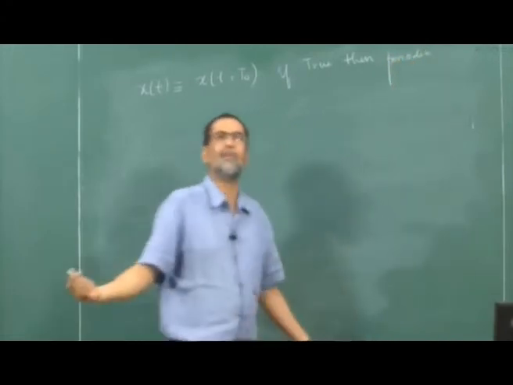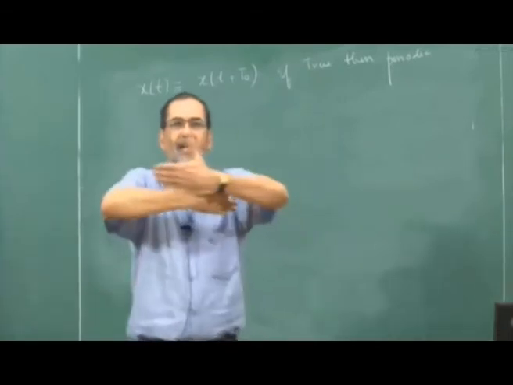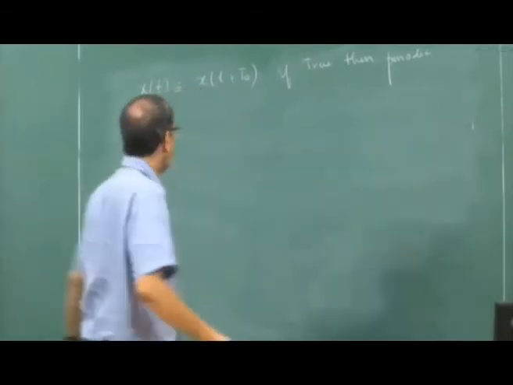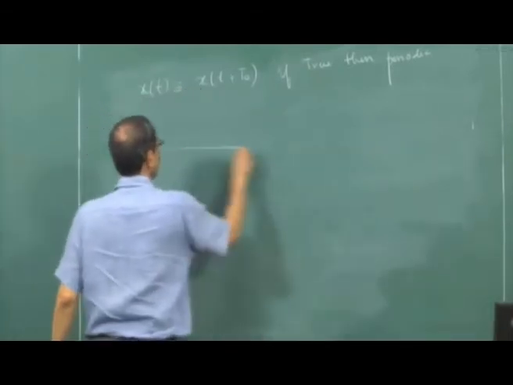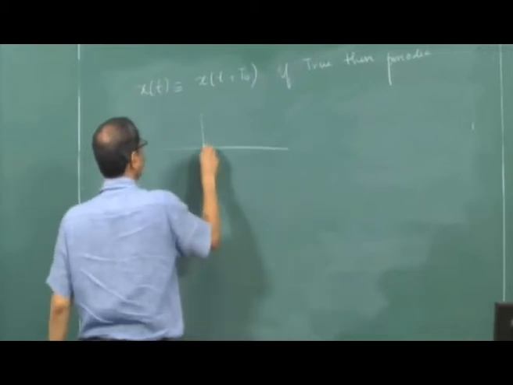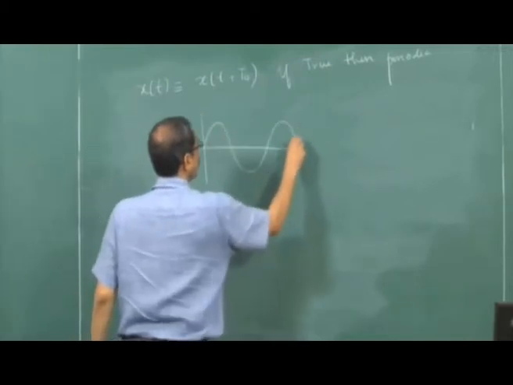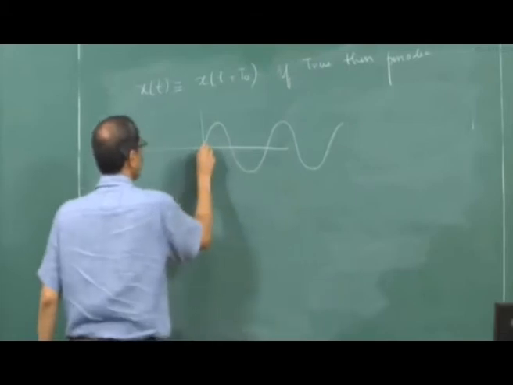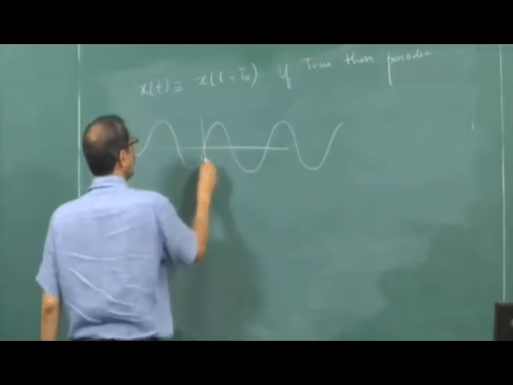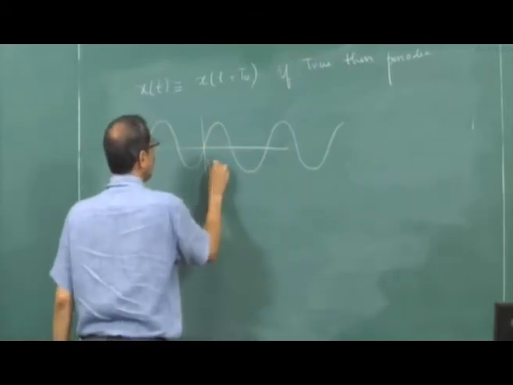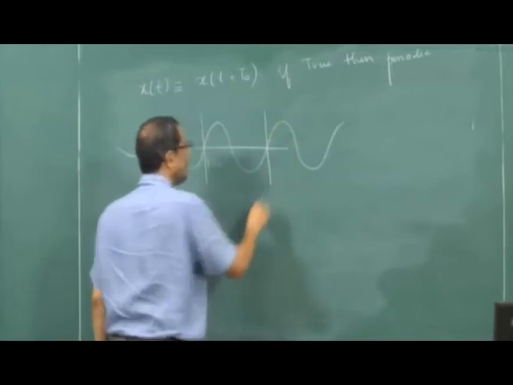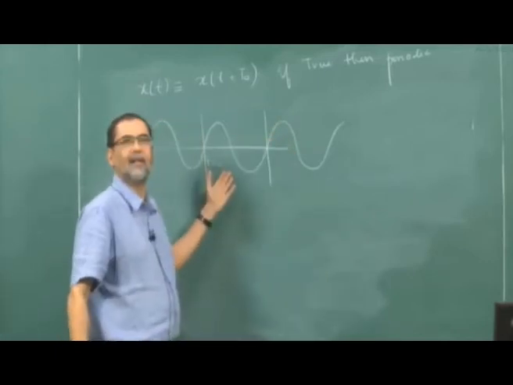Right? I can't make out x of t when I delay it. So take the example of a sinusoid. Let's say this sinusoid signal goes on forever. This is t equal to 0. Let's stand here. This is identical.